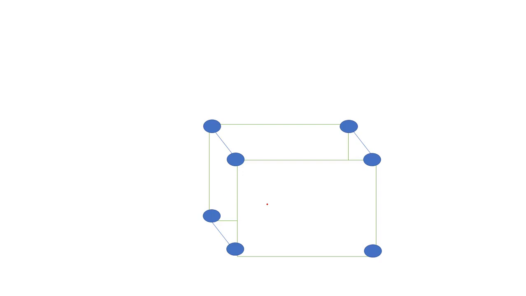Now we all know that a crystal lattice is the arrangement of atoms in a regular manner. So this is a simple cube in which we have atoms. These atoms represent the nucleus of the atoms, and the space between them is always constant.